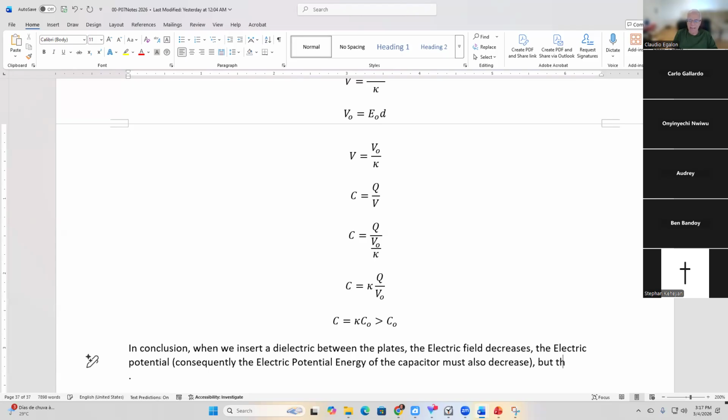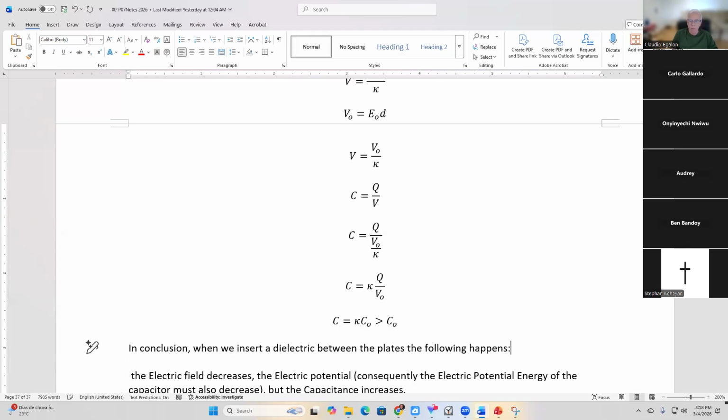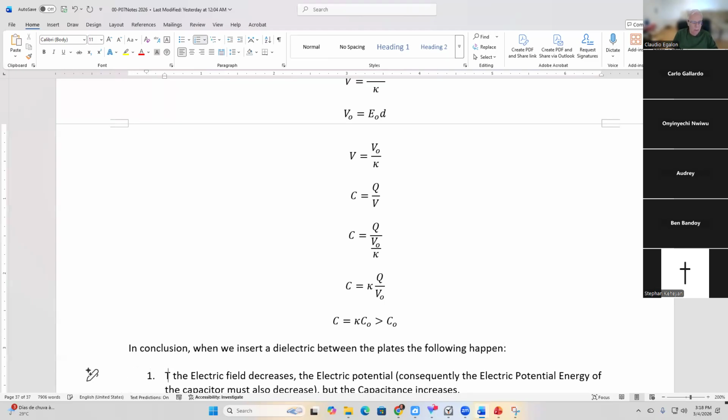But the capacitance increases, okay? In conclusion, when we insert a dielectric between the plates, the following happens. One, the electric field decreases.